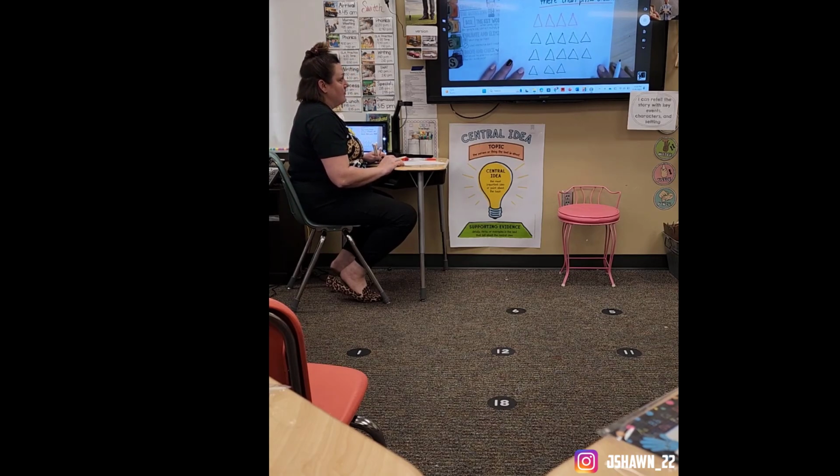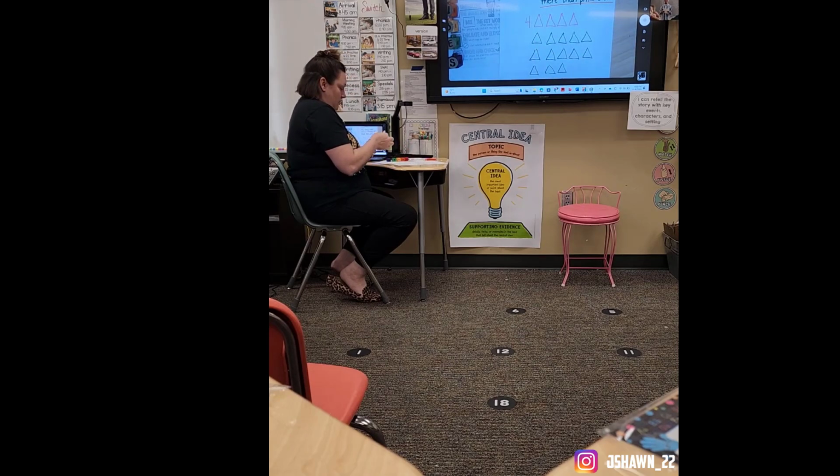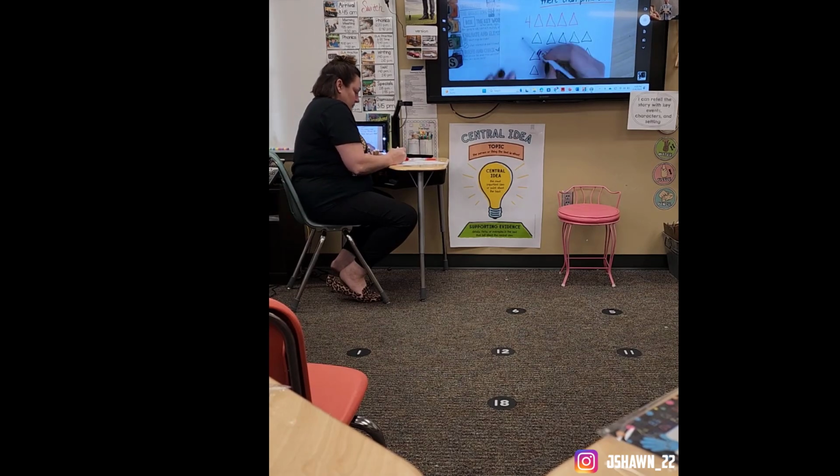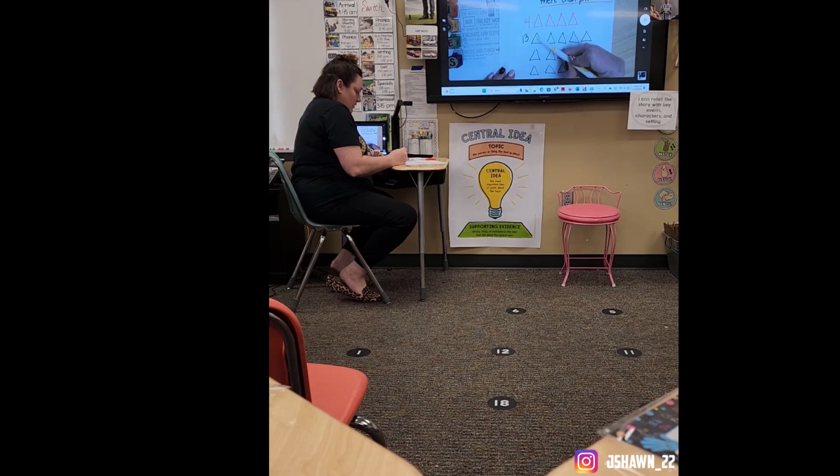So here are my 4 pink and my 13 yellow. And if it makes it even better, you can just color them in if it bothers you that they're not yellow.